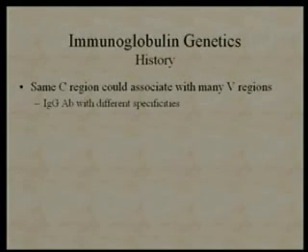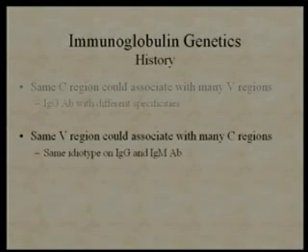But the sequence studies also showed that the same variable region could actually be associated with many different constant regions. So, for example, you could find an IgM and an IgG molecule that had the same idiotype.